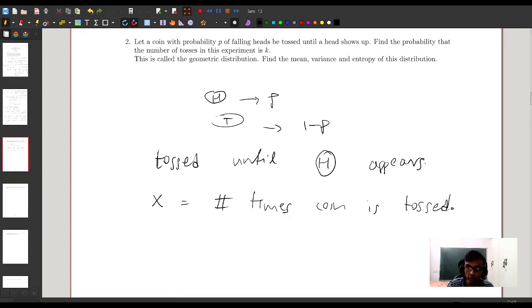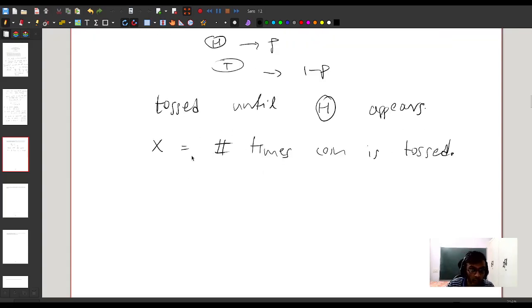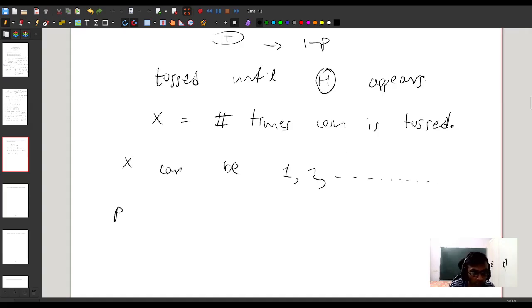Remember, once a head shows up, the experiment is stopped. So this is obviously a random variable. It can take values 1, 2, 3, and so on. The question is, what is the probability that this random variable x is equal to k? So k can be 1, 2, 3, and so on.